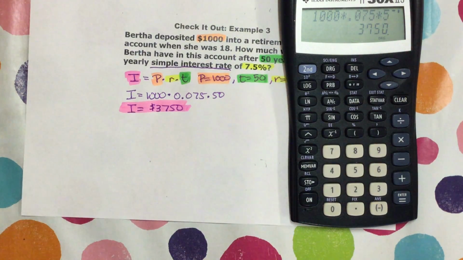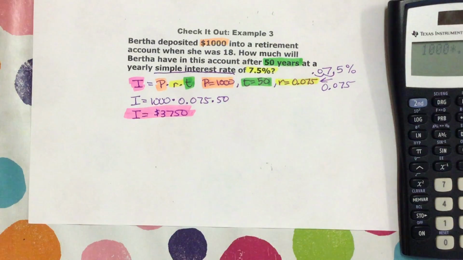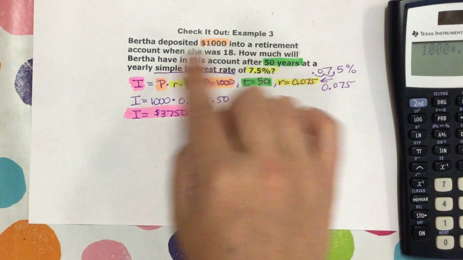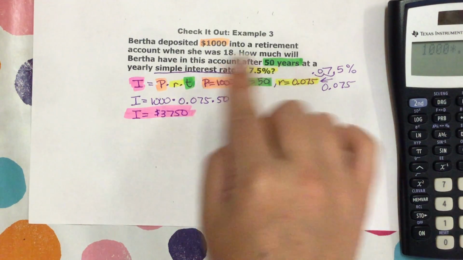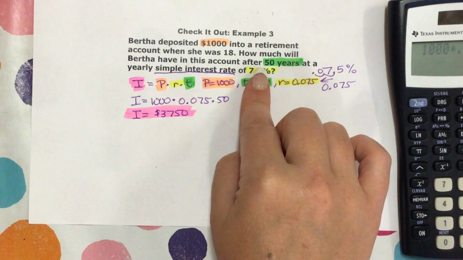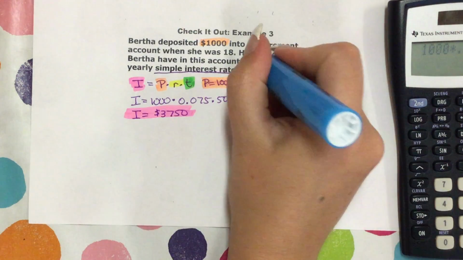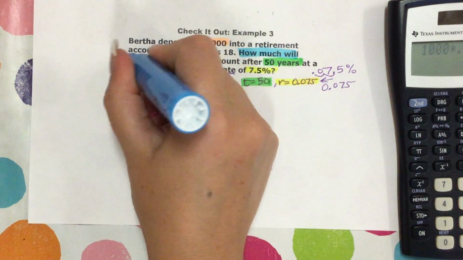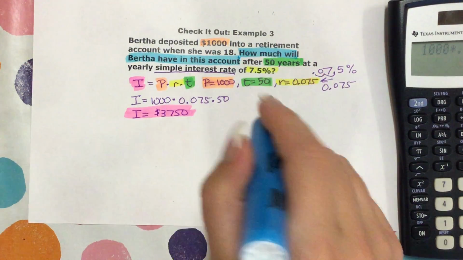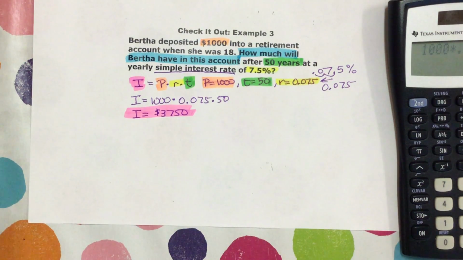Perfect. Okay, let's go back to the problem and read it and see what it's asking. Bertha deposited $1,000 into a retirement account when she was 18 years old. How much will Bertha have in this account after 50 years? It's asking for the amount, okay?